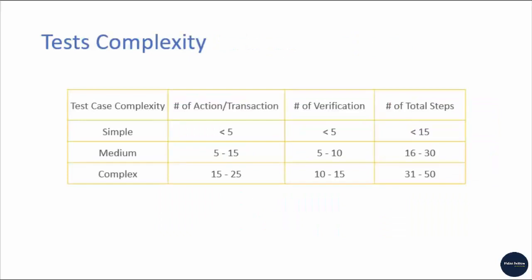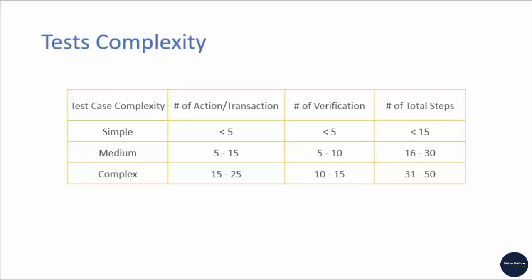Now, as we discussed in the test automation scripting workflow, the very first step is to analyze the test cases which we receive from the QA team. As part of the analysis, what we also like to do is to segregate the manual test cases by their complexity. What we try to find out is the complexity of the manual test cases, and there are multiple parameters to identify it.